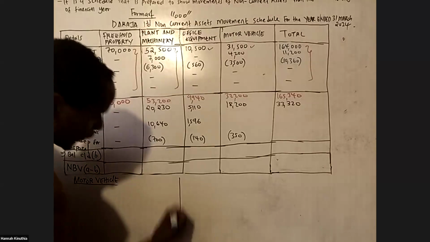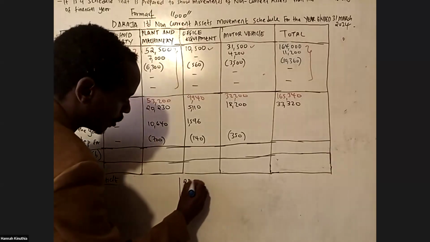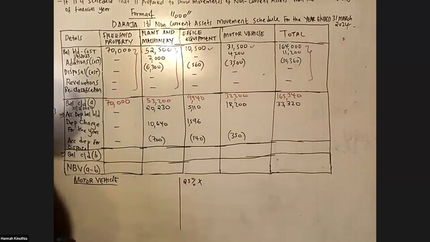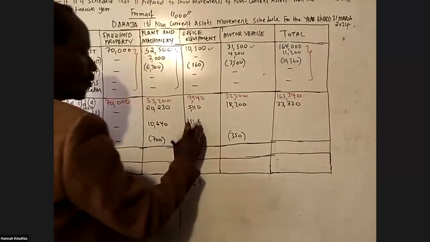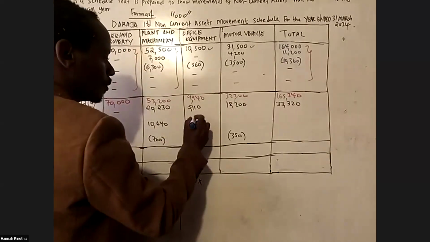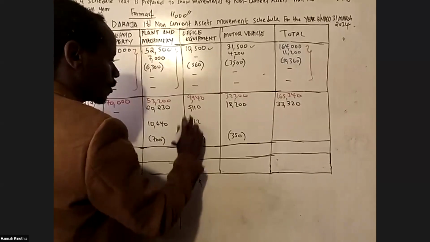So the rate is 25. You multiply with the... Mbona hujachange hapo juu? Hapo, nini, office equipment. Hiyo tumepata 1512. Okay.